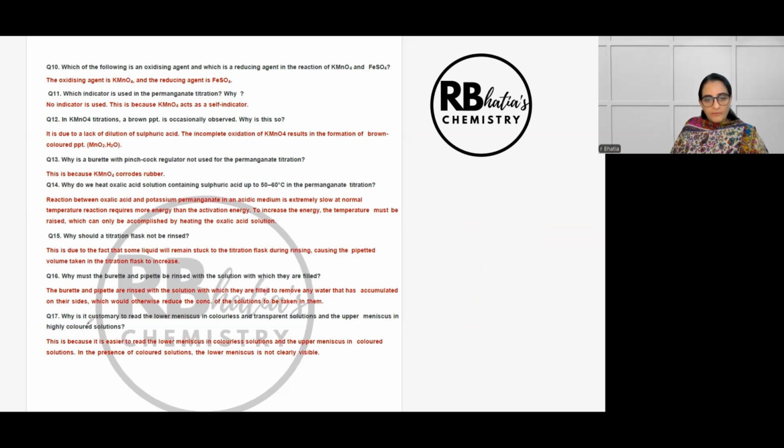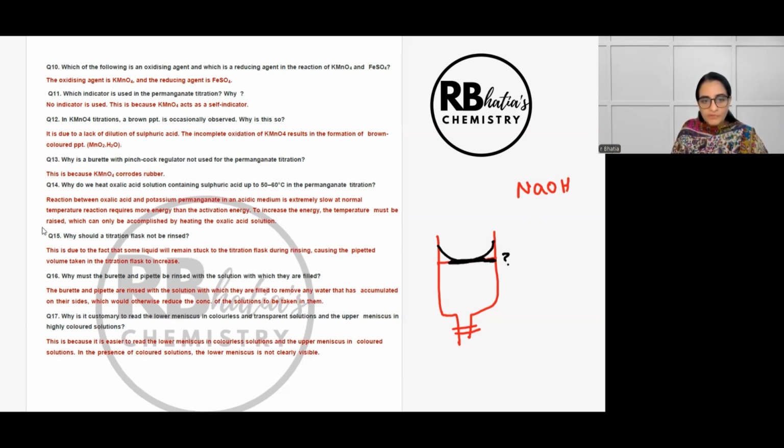Now, why is it customary to read the lower meniscus in colorless solutions? Just for your information, when you were doing these experiments in +1, we had sodium hydroxide, HCl, sodium carbonate, these kinds of solutions, all colorless solutions. So for colorless solutions, always the lower meniscus is to be noted while taking the readings. Lower meniscus means this level of the liquid has to be taken as the reading, right?